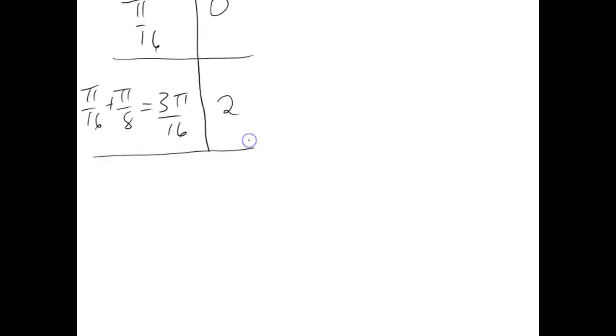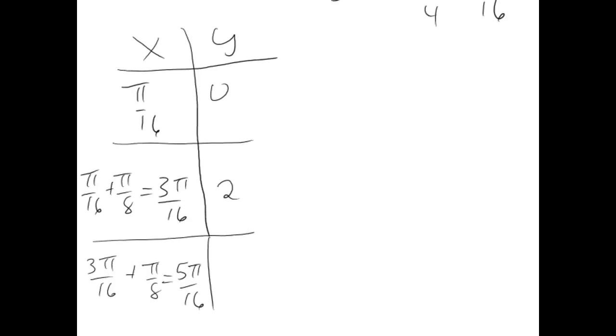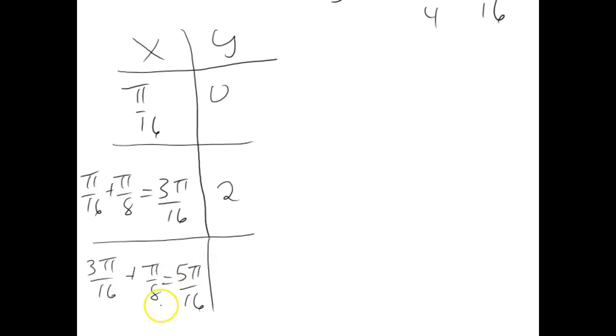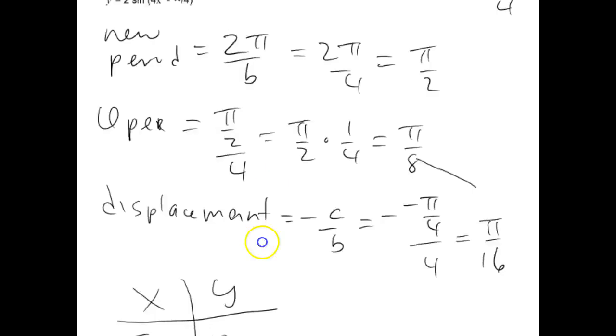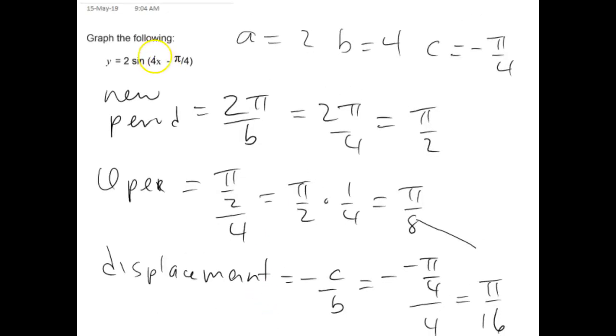How do we find our next set of points? We take our last point, 3 pi over 16. We add the quarter period to it again, and this gives me 5 pi over 16. Again, you take the 5 pi over 16 and you place it right back into where the x is.